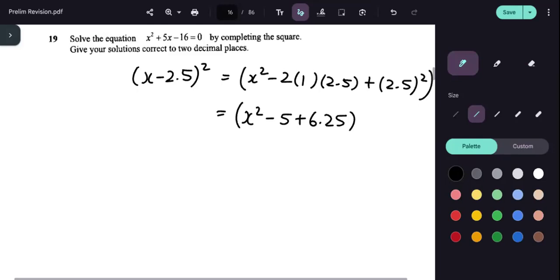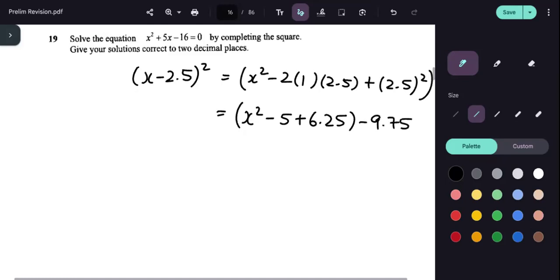How do you make it 0 is the question. To make it 0, you need to minus 9.75.